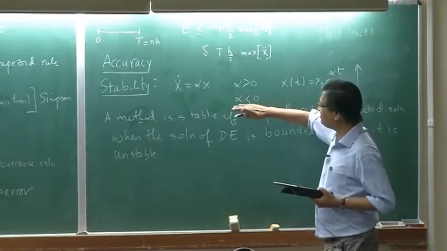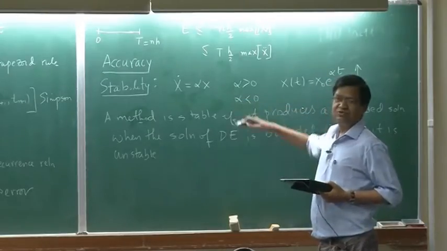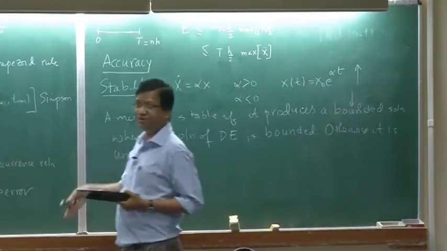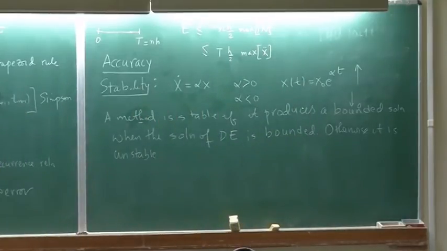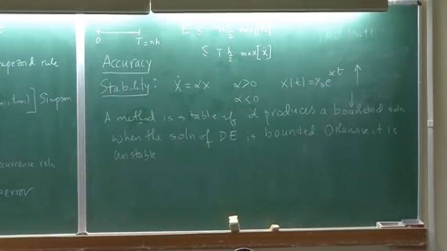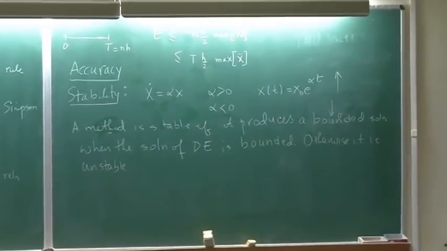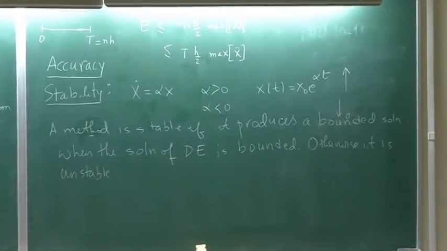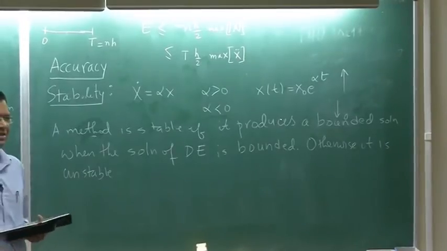Is that clear? So you have to test for this. If the physical solution is bounded, it in fact goes to 0. But if the numerical solution starts oscillating, then the solution will be called unstable. And of course, if my numerical scheme also goes to 0, then it's stable.